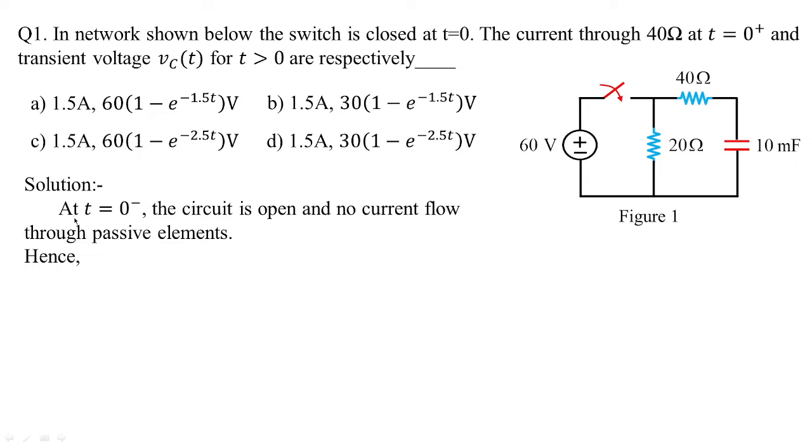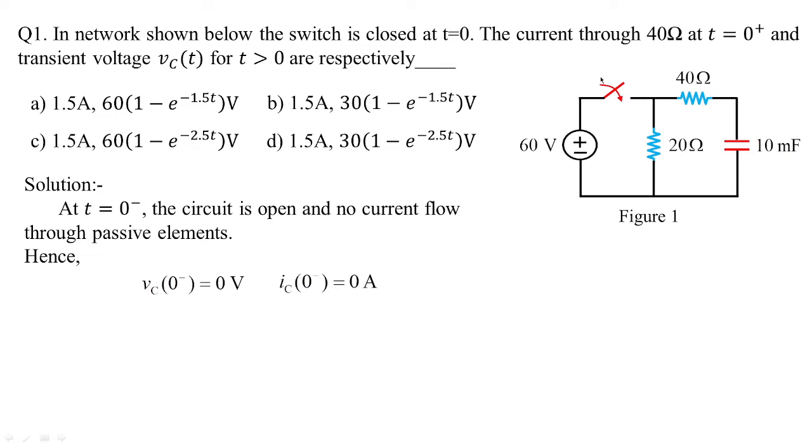From the given conditions, at t equal to 0 minus, the circuit is open. Naturally the circuit is open because no current is flowing, and there is no development of voltage across the passive elements because current is not flowing. So the voltage across the capacitor is 0 volts, since the current through the capacitor is 0 amperes.